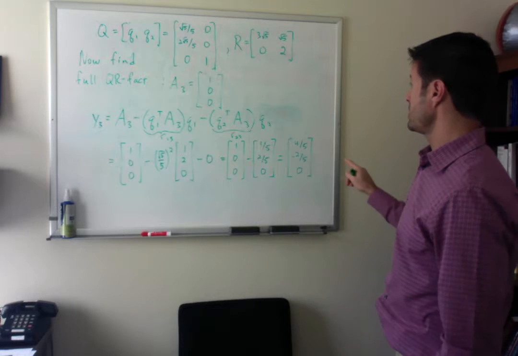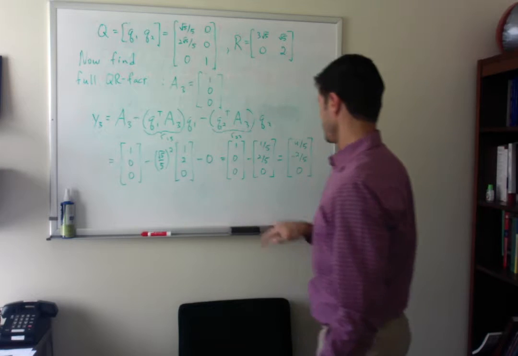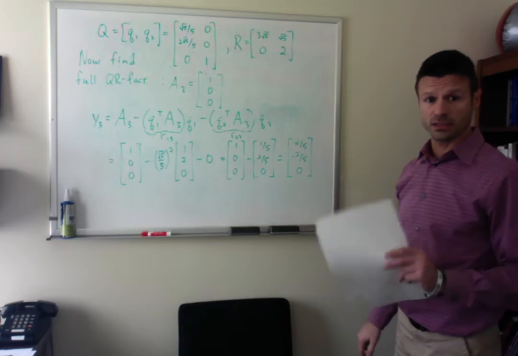All right, and so now this is orthogonal to both Q1 and Q2, and you can see that by just doing dot products, but it's not a unit vector yet.